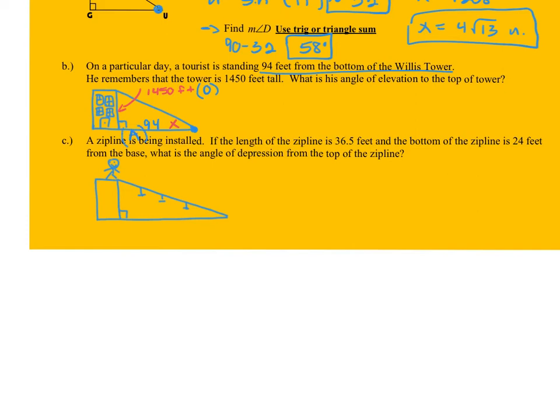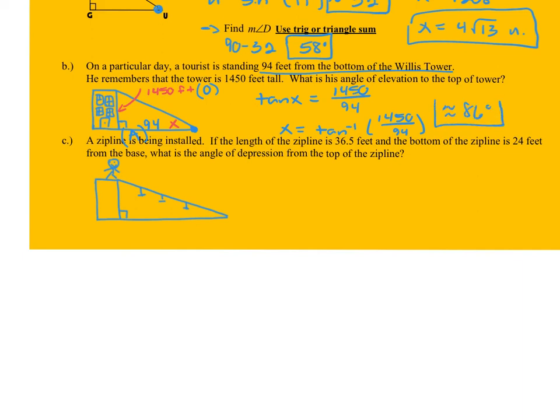So now we can set this up and find the angle by saying the tangent of angle X is 1,450 over 94. So when we type it in our calculator, we will say inverse tangent of 1,450 over 94. Now, if you're struggling to type this in your calculator, just bring your calculator in and I will show you. So his angle is about 86 degrees.